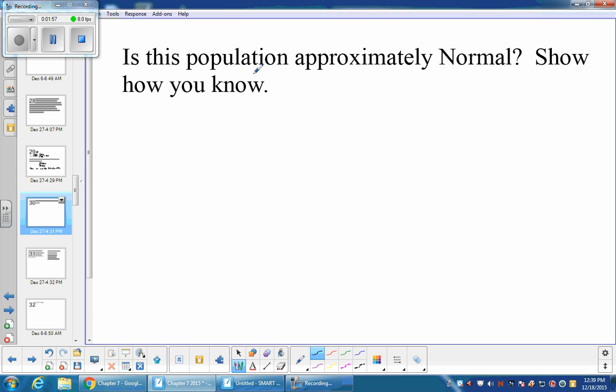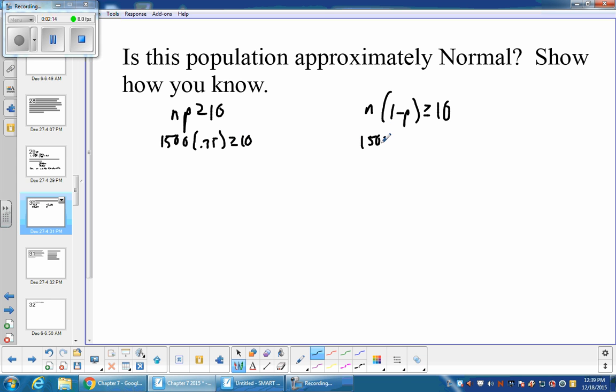All right, now is it approximately normal? To check that it's normal, we have to check that np is greater than or equal to 10, and n times 1 minus p is greater than or equal to 10. So we have 1,500 times 0.35, and we have 1,500 times 0.65.